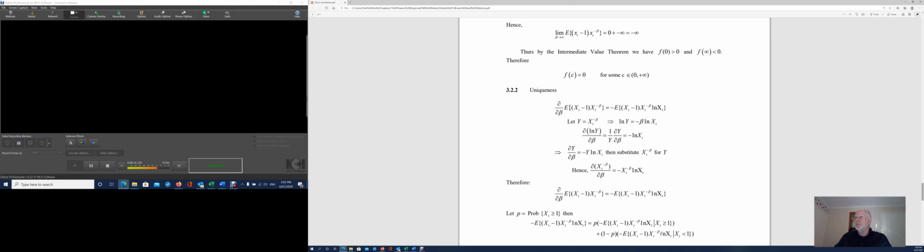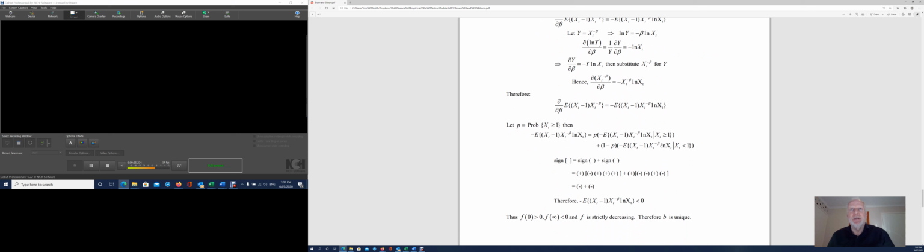Now we want to see whether it's always decreasing, where p is the probability that x is greater than or equal to 1. The sign of this expression is going to be the sign of this. For x greater than 1, log of x is positive, and 1 minus p is positive.